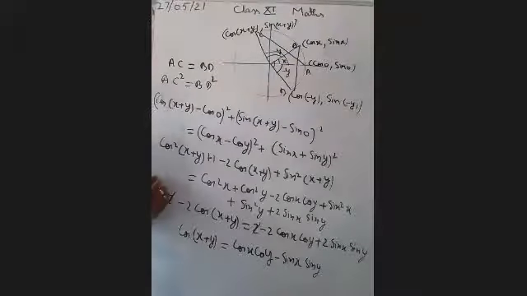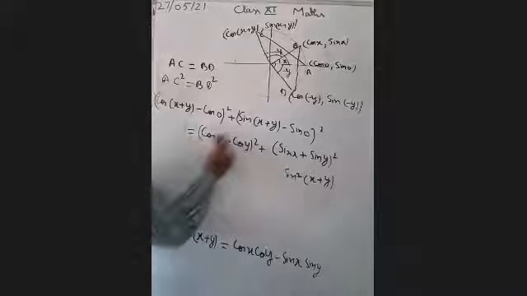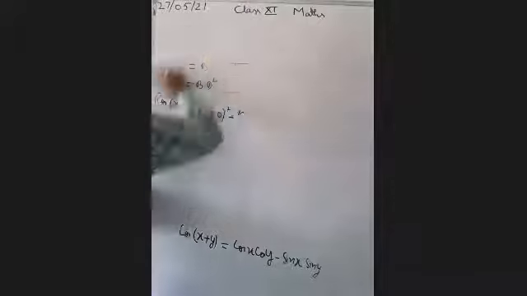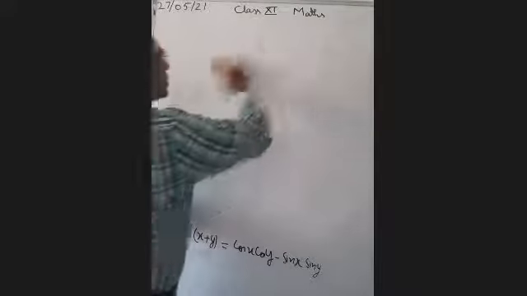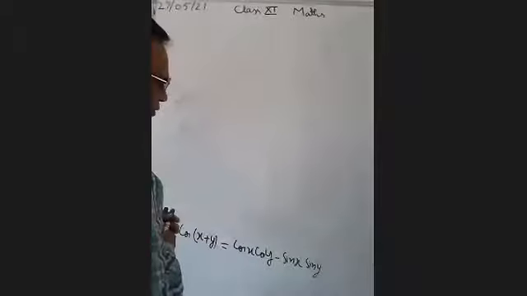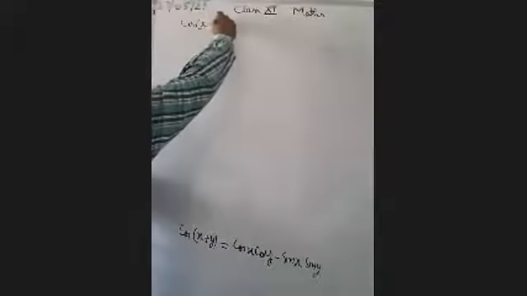Now I am rubbing out the remaining part except this formula. This is the formula cos(x + y) = cos x cos y minus sin x sin y. How do we remember it? You see that the first term has both factors with cos, and the second term with sin. If you want to find the formula of cos(x − y), you have to put minus y in place of y.